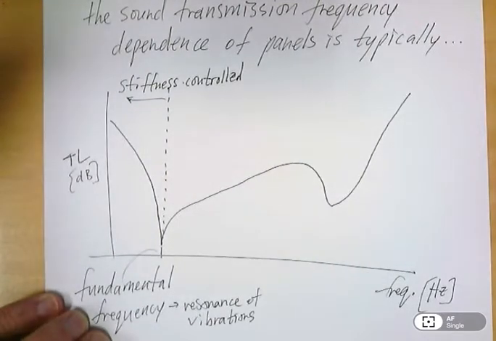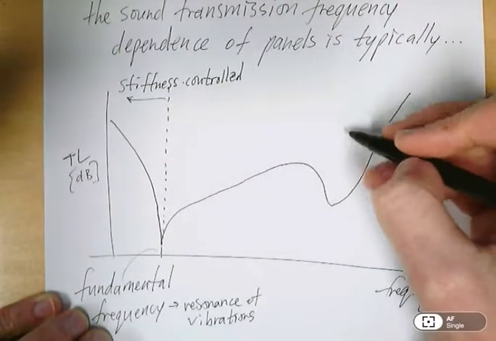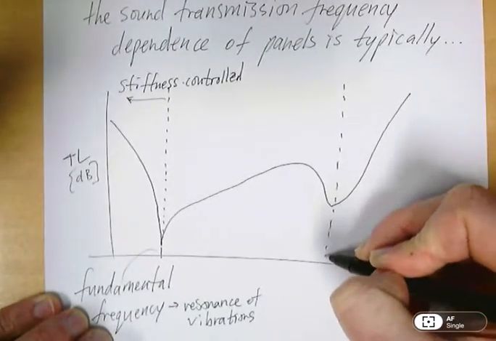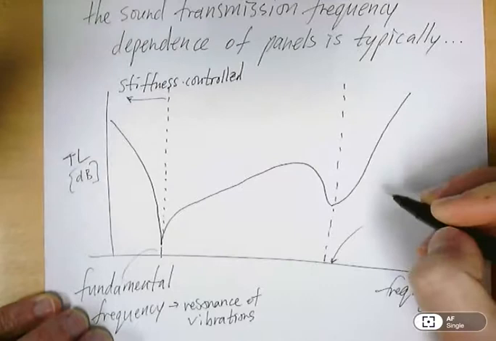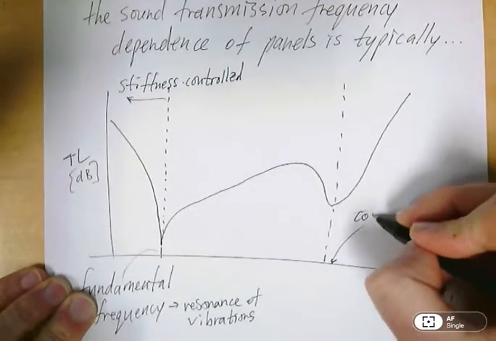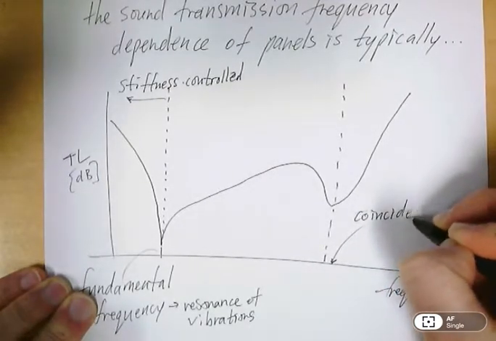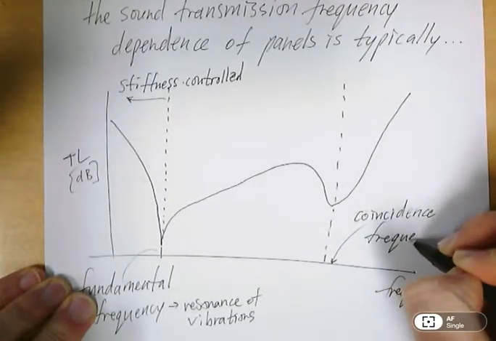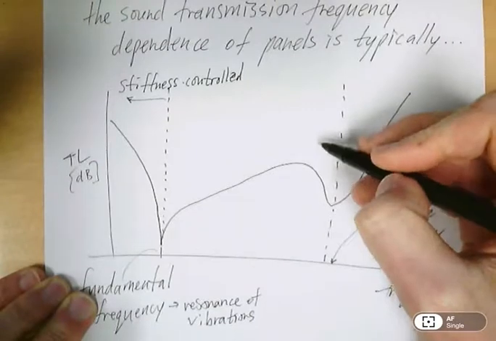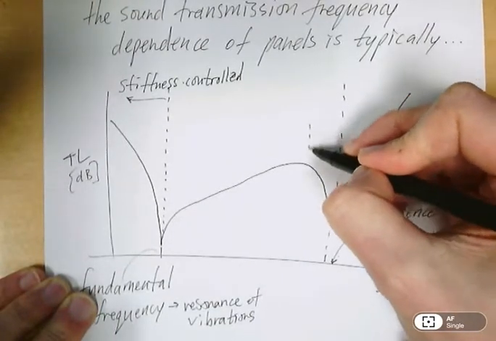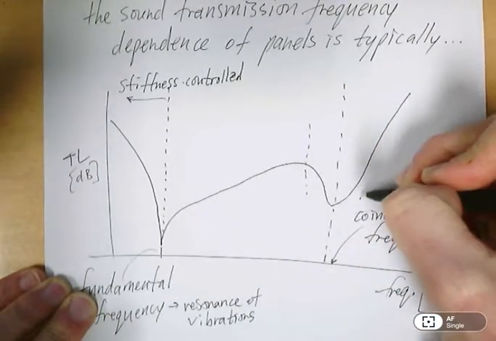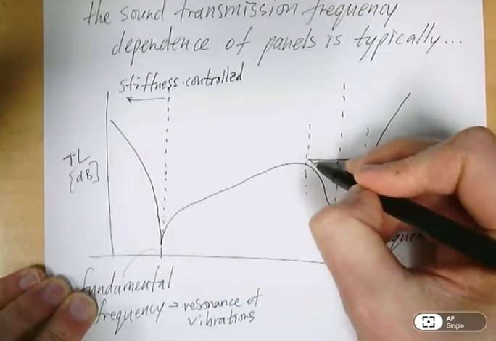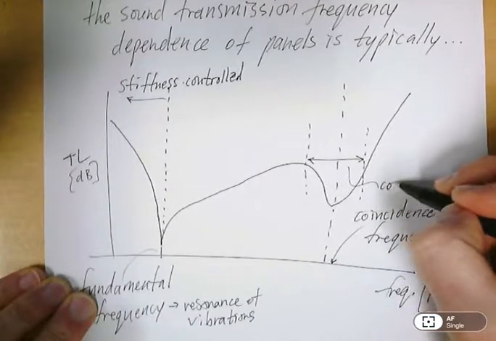Now at high frequencies, there's another dip. And this is the coincidence frequency, giving rise to this kind of diminished area that can be denoted as the coincidence region.